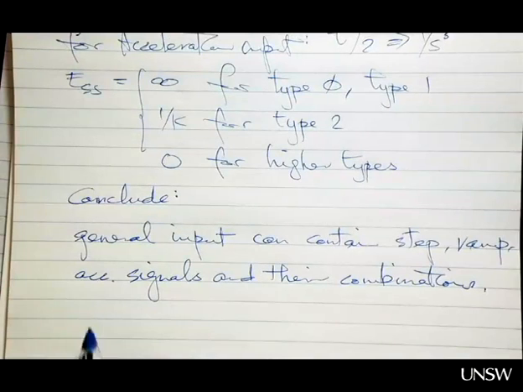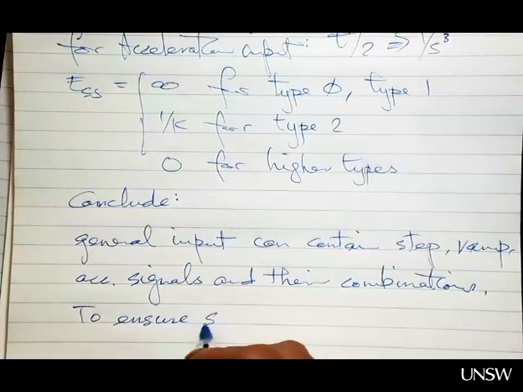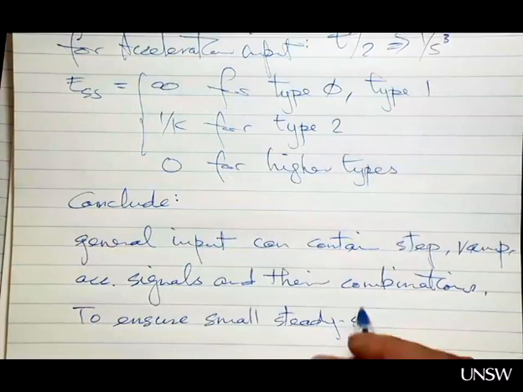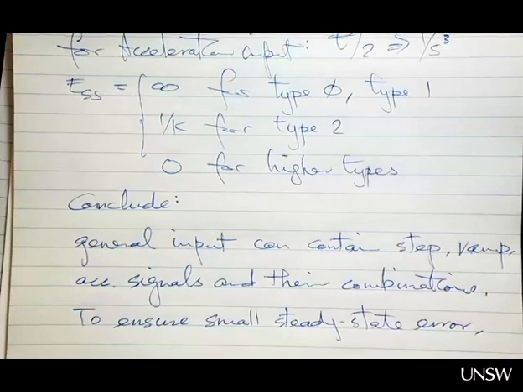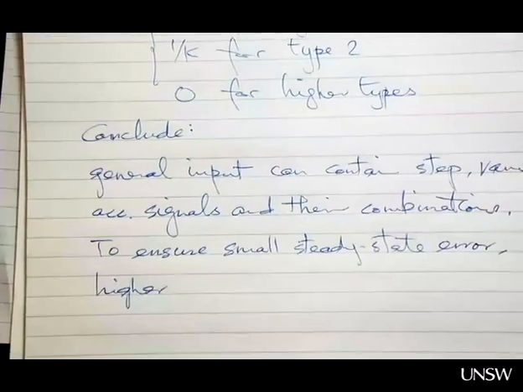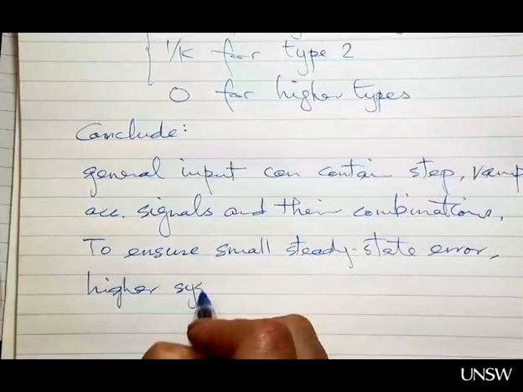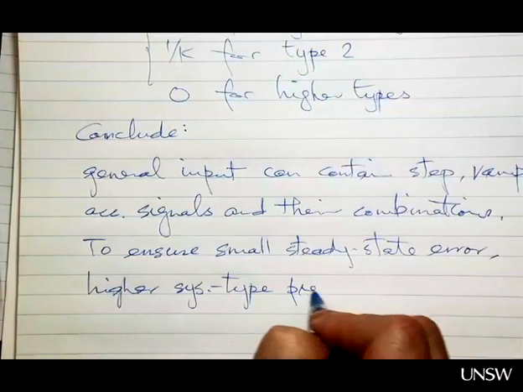So in order to ensure small steady state error, higher system types are preferred.